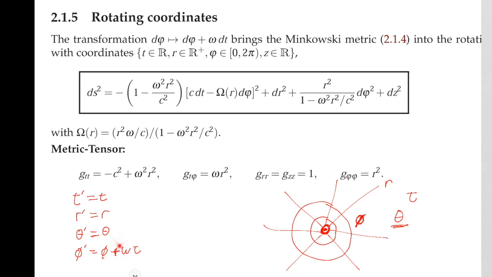So it's actually a function of 2 of the old coordinates, which is fine because that would mean phi prime, the new coordinate phi prime, is a function of the old coordinates t, r, theta, and phi.